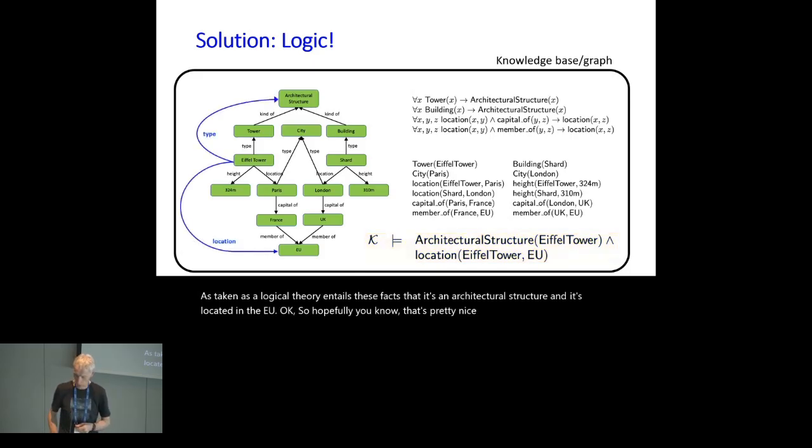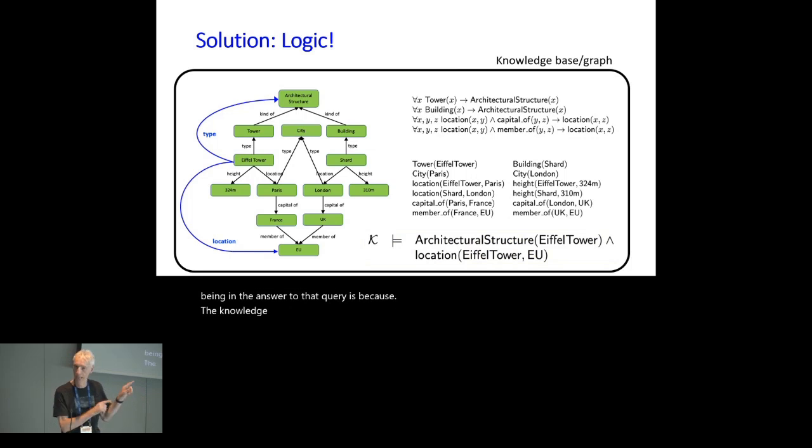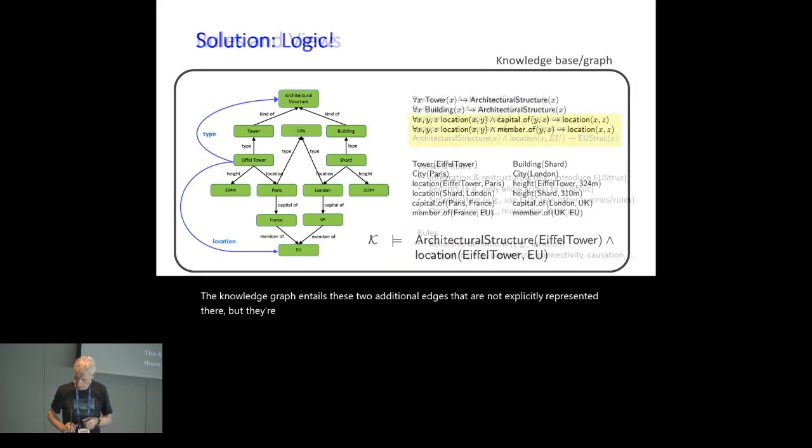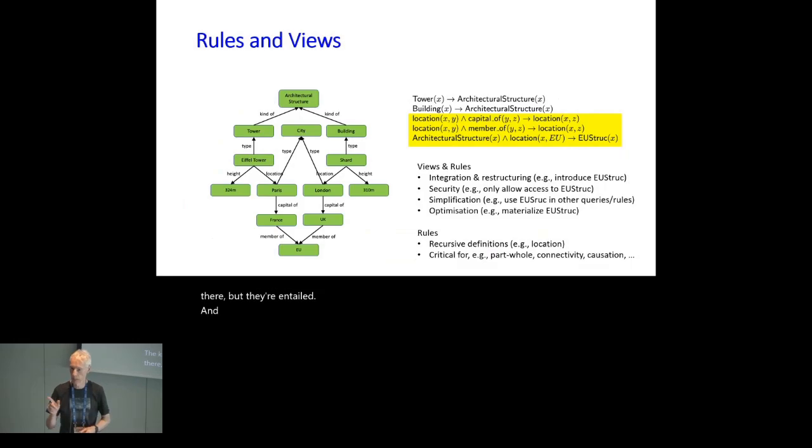It resolves all our semantics angst. And by the way, we could see the reason for Eiffel Tower being in the answer to that query is because the knowledge graph entails these two additional edges that are not explicitly represented there, but they're entailed.